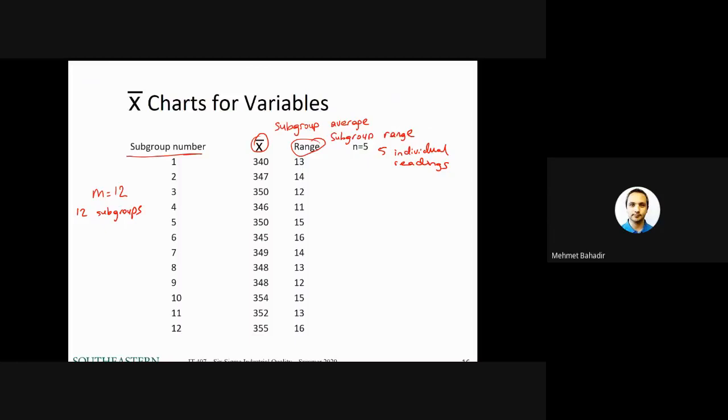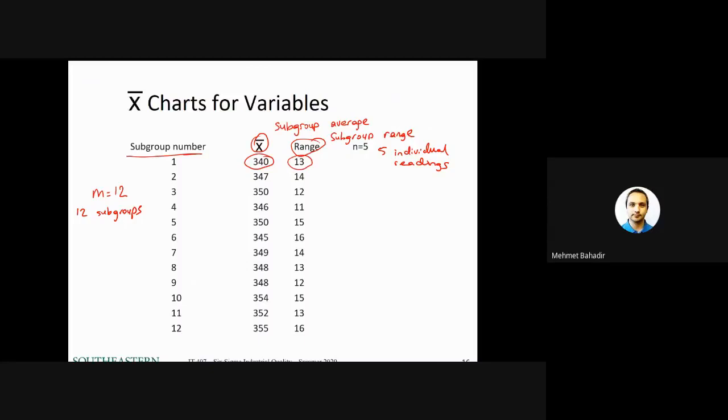So, in the morning, you went to the production line and collected 5 parts. You did 5 observations and recorded them, and then you went to your office and calculated the average for that first subgroup, which is made of 5 individual readings, and also the range for that subgroup.